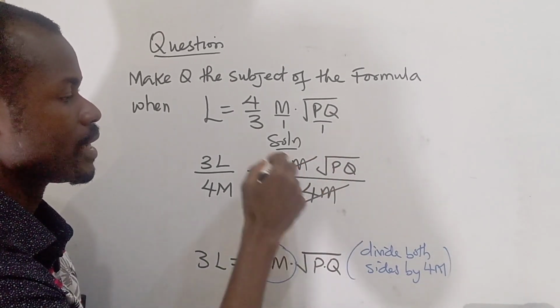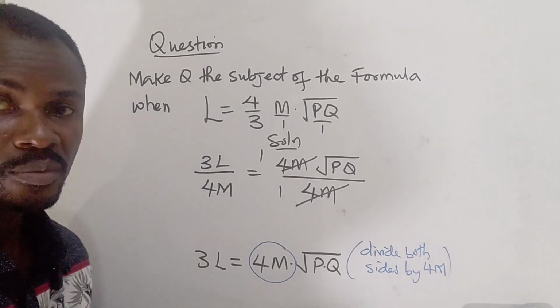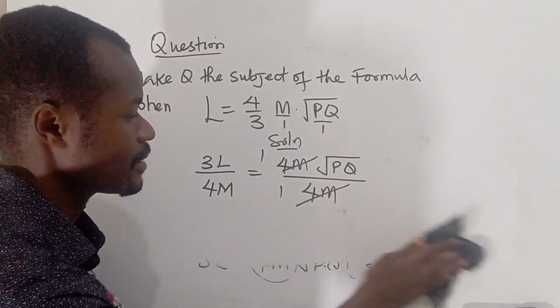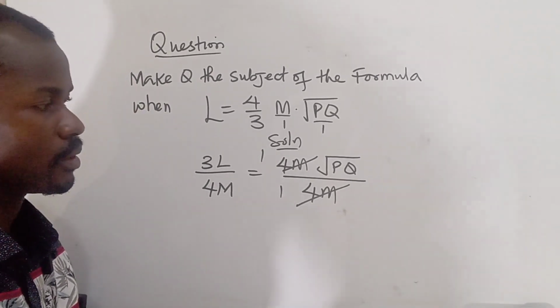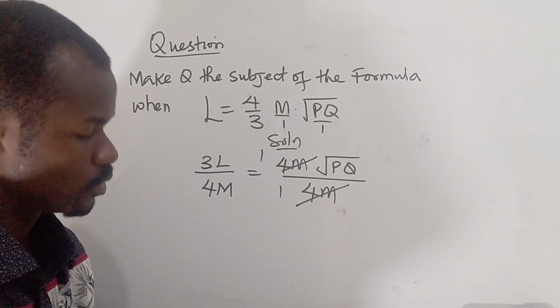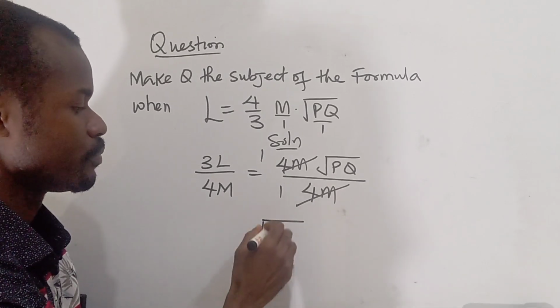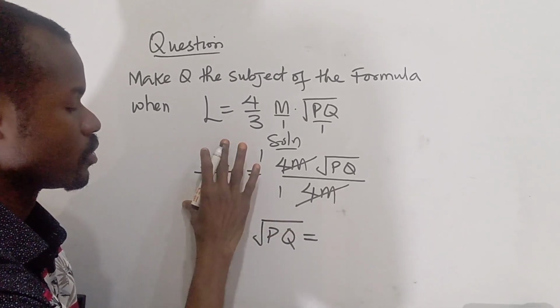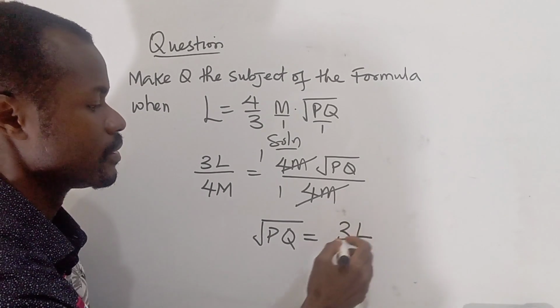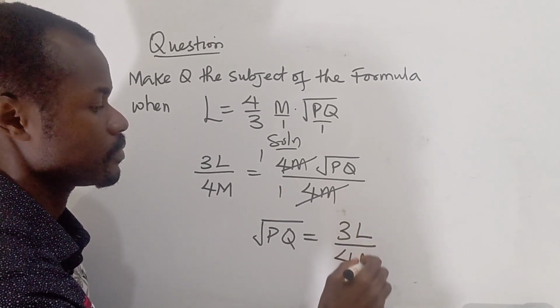So this can cancel out, this is 1, 1. On the right hand side, we are left with square root of PQ. You can interchange it, I can write this first. So square root of PQ is equal to 3L divided by 4M.